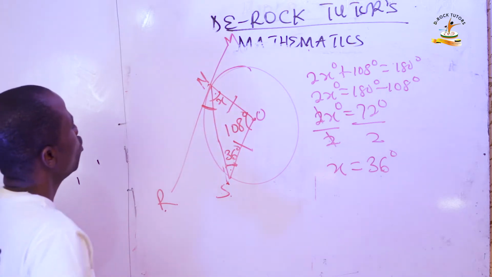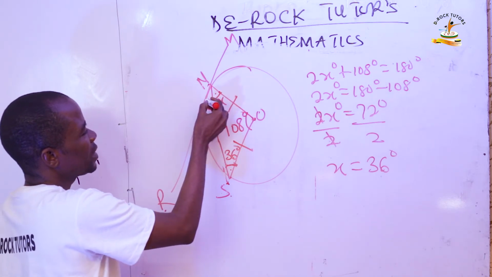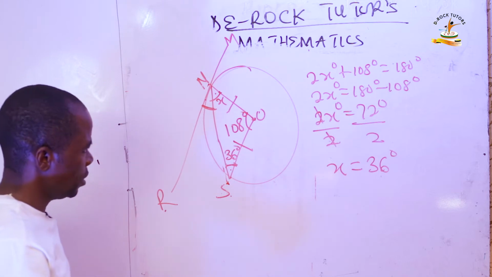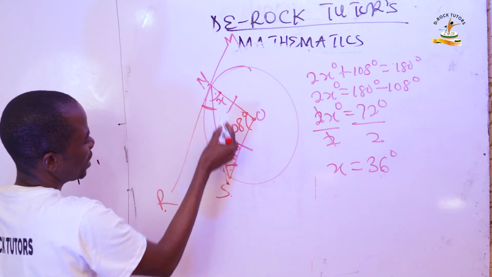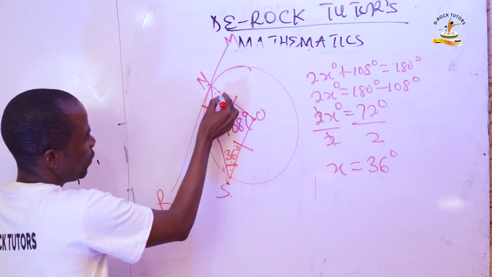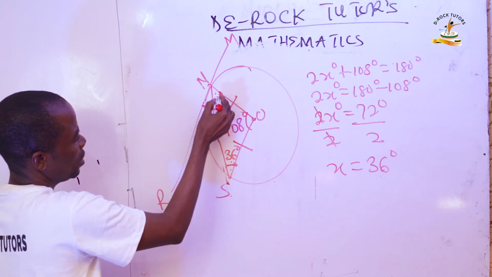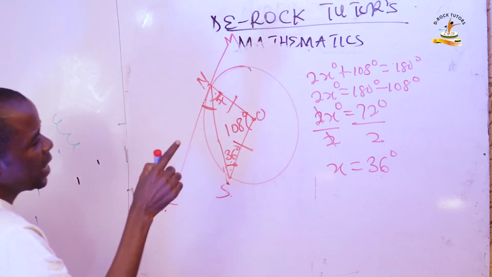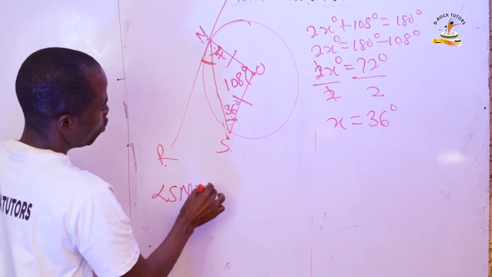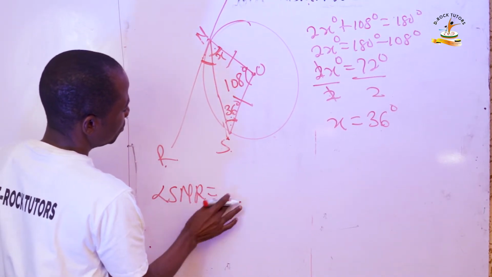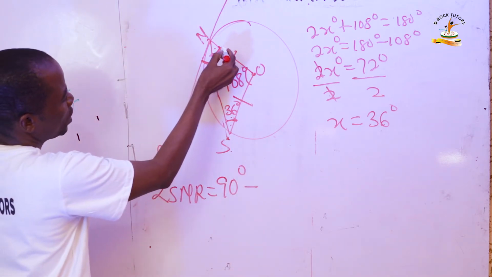The good thing is we know this is a radius, and we know that the angle between a radius and a tangent is 90 degrees. We already know the angle from here to here is 36 degrees. So we can say angle SNR will be equal to 90 degrees minus the angle here, which we have calculated to be x.